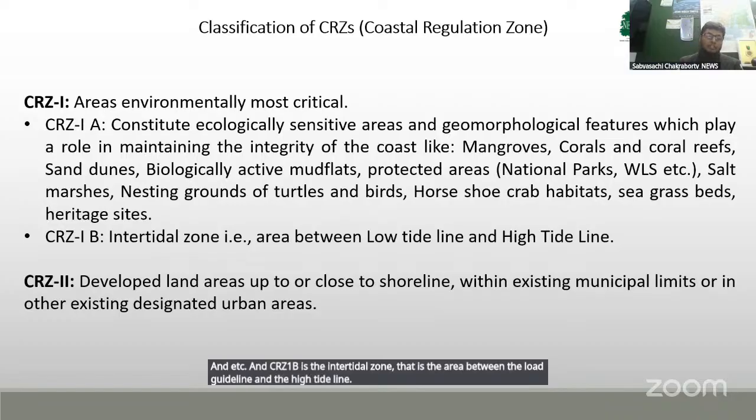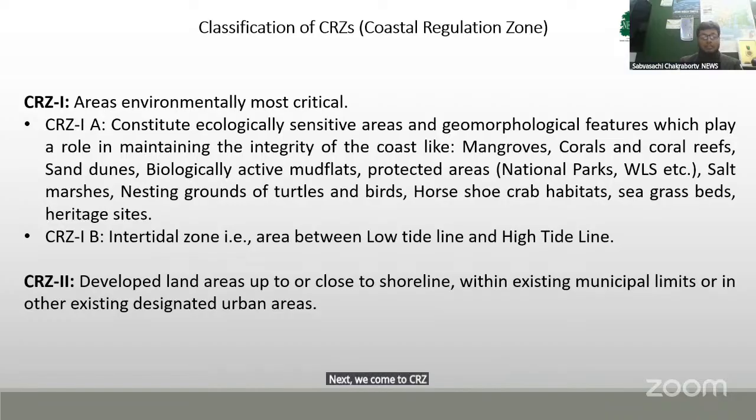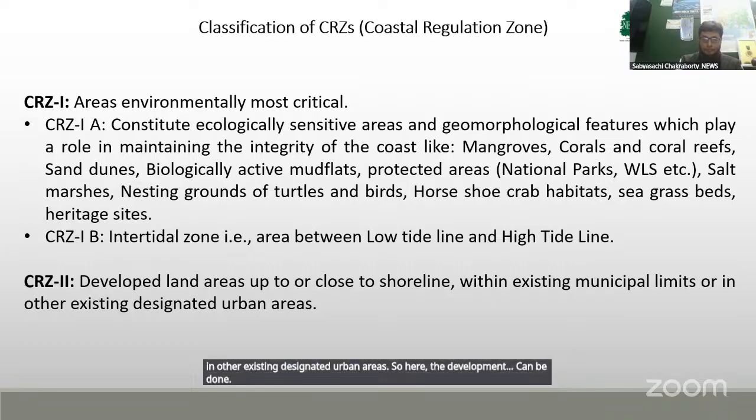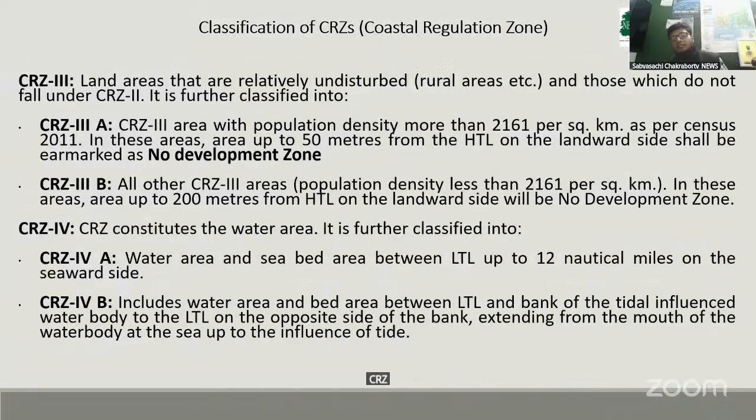Next, we come to CRZ2. These are the developed land areas up to close to the shoreline, within existing municipal limits or in other existing designated urban areas. So here the development can be done. CRZ3 are relatively undisturbed rural areas which do not fall under the CRZ2.